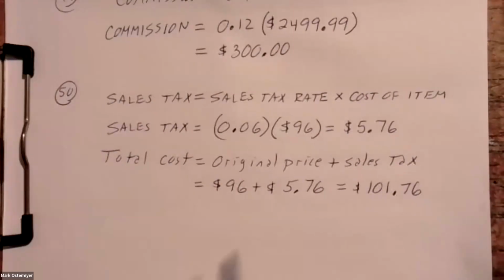Sorry about that, Lizzo. But did anybody get $101.76 for the cost of the item at the register after the sales tax assessment? So for every dollar we buy that's subject to sales tax, the government gets 6 cents for every 100 cents we spend on probably a non-food item.